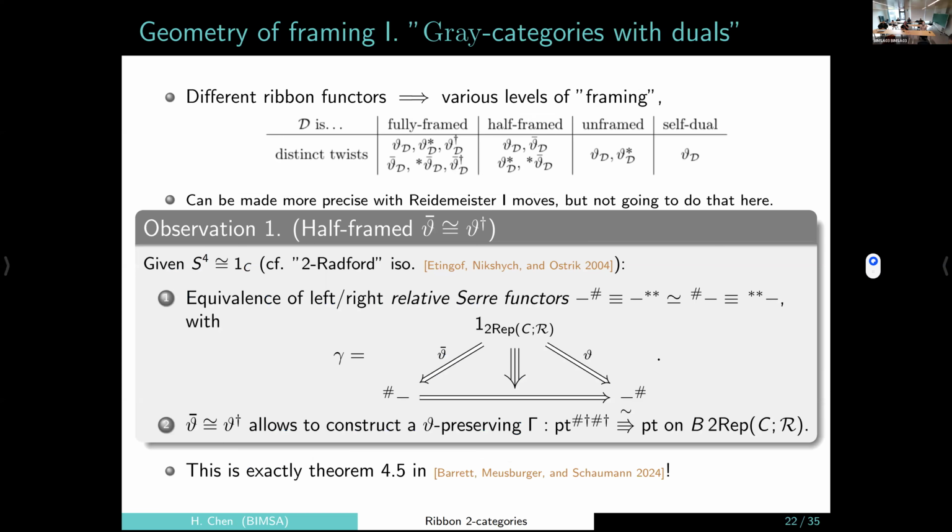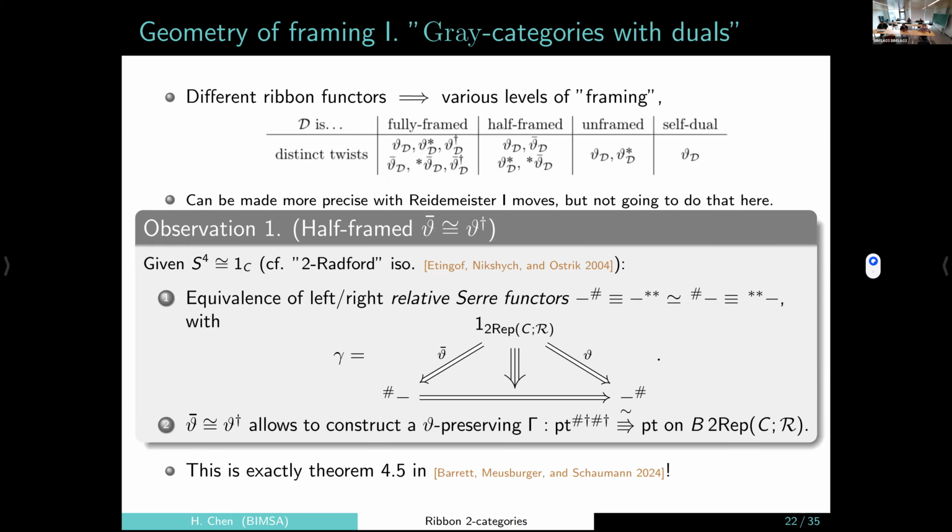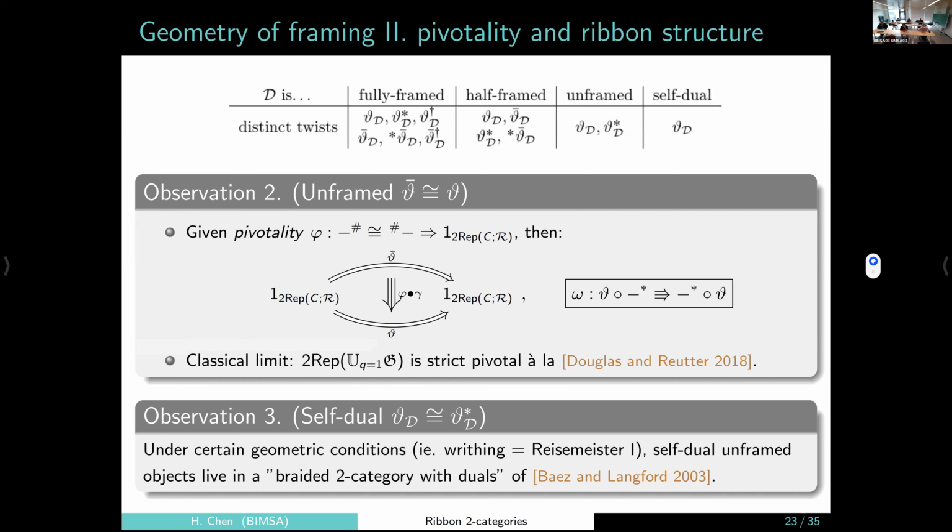Then remember this gamma is like this, right? And once I have chosen this pivotality, then I can paste this pivotality together with gamma, with this diagram here, to obtain this shape. So I'm going to kind of cheat and still call these guys beta and beta bar.